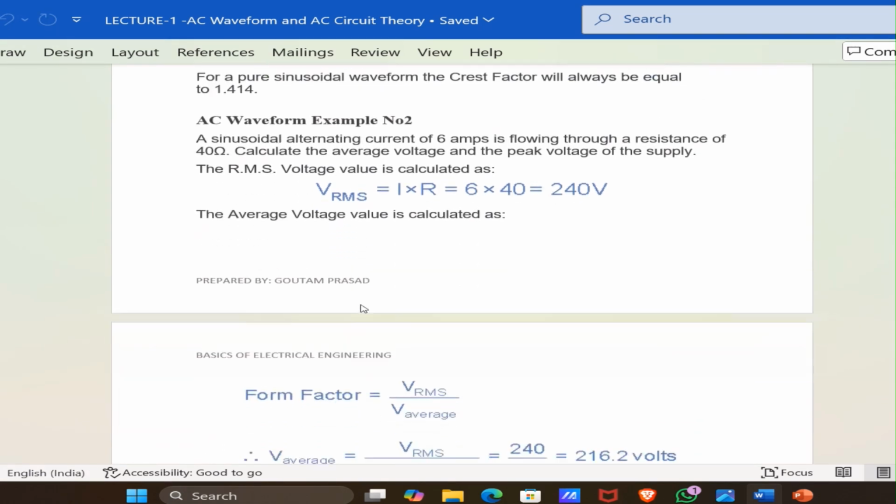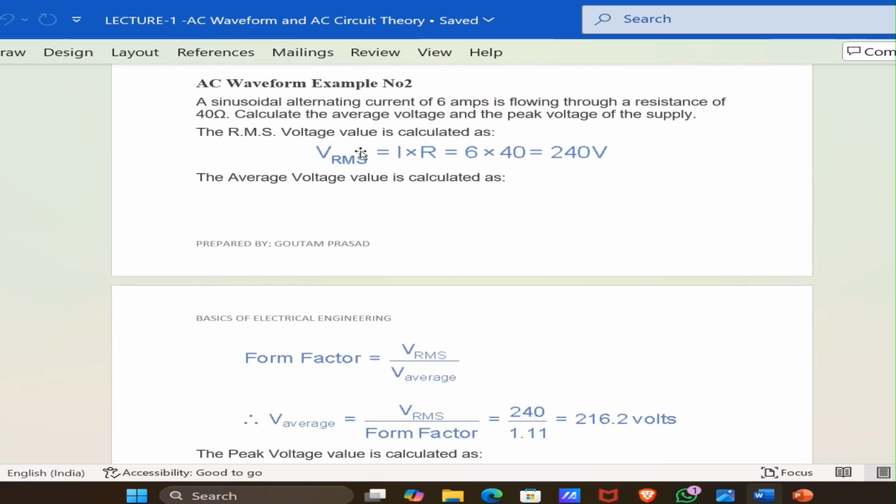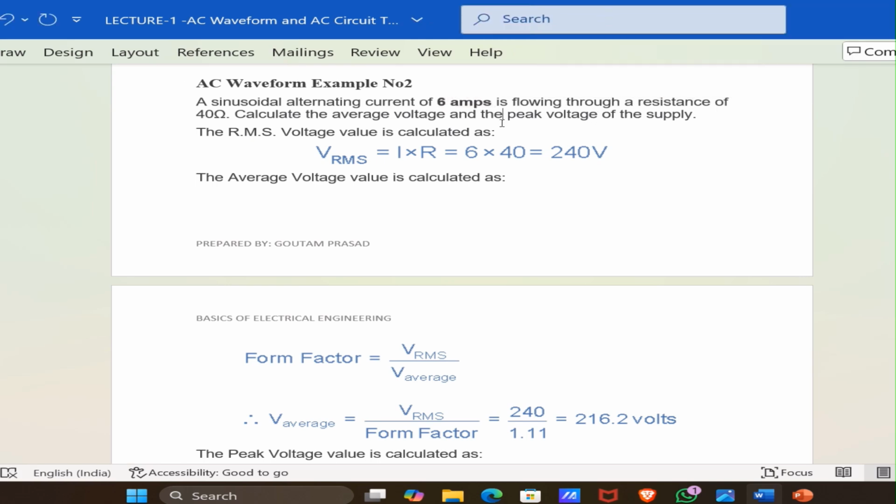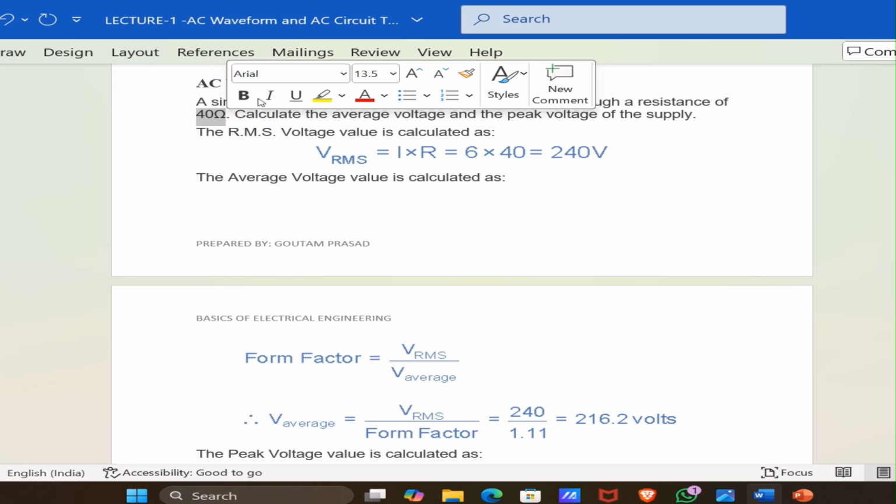AC waveform example number 2. Vrms equals I into R, where the value of I is 6, that is, 6 amperes of current is flowing in a circuit, and 40 ohms of resistance is there in the circuit.